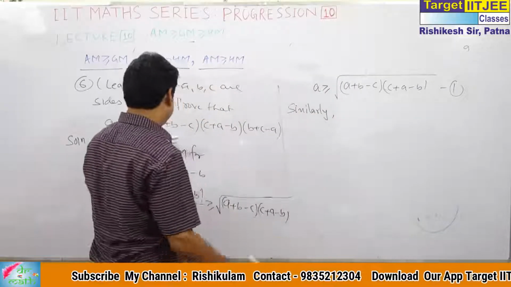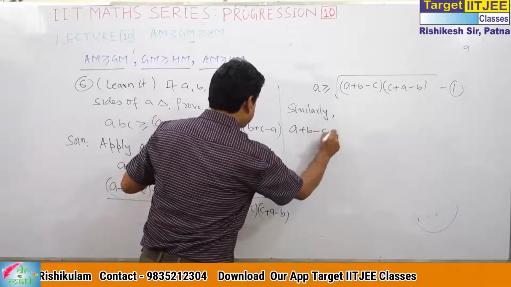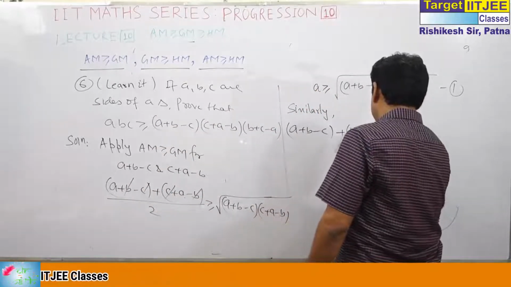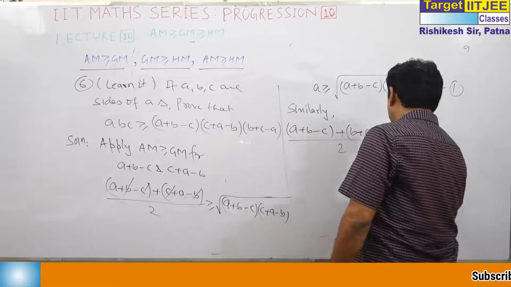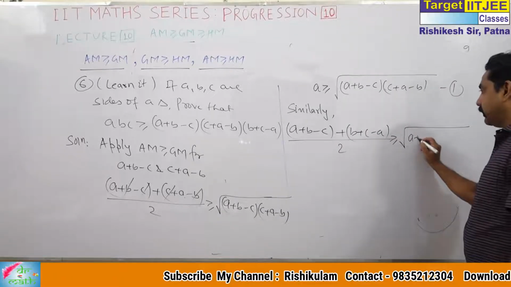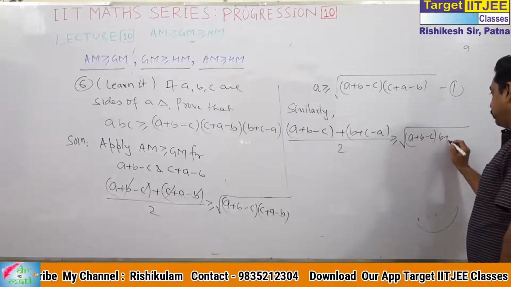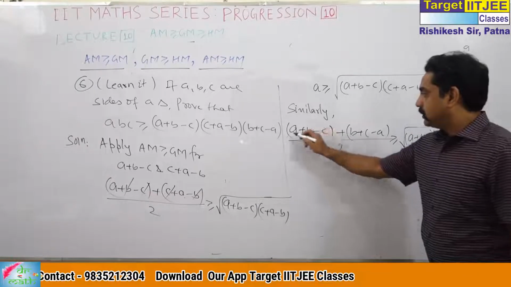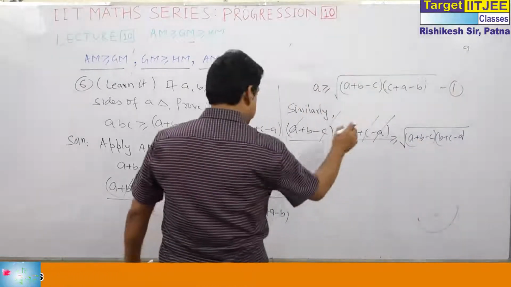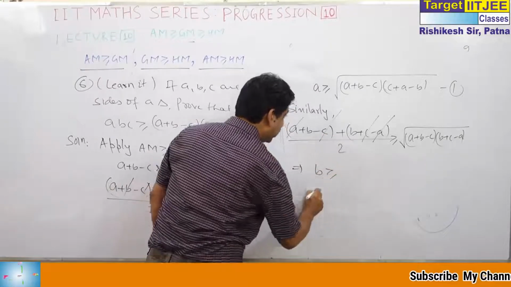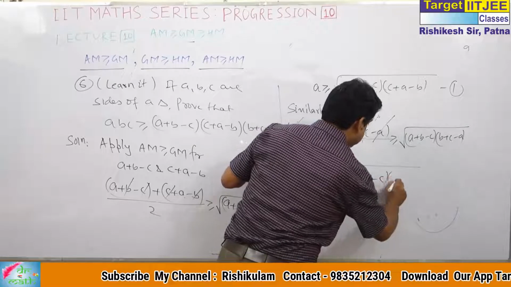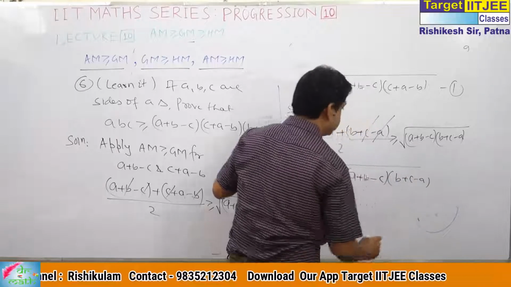You can see this is (A plus B minus C plus B plus C minus A) divided by 2, greater than or equal to the square root of (A plus B minus C) into (B plus C minus A). Now this time A and A cancel, and C and C cancel. This is 2B by 2, which means B is greater than or equal to the root of (A plus B minus C) into (B plus C minus A).